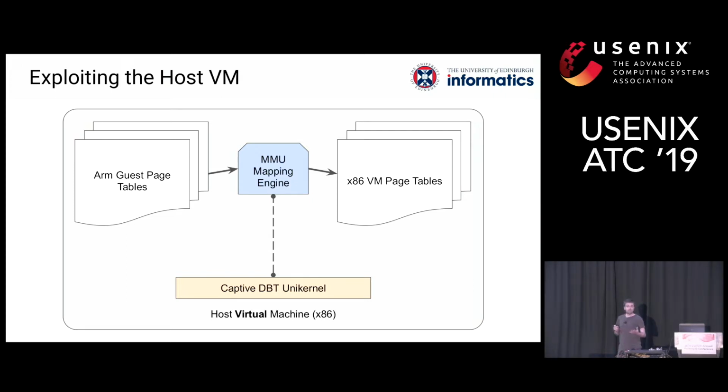So ARM guest page table entries are semantically quite similar to x86 page table entries. Well, if you're operating in an x86 bare metal environment, you have full control of the page tables. So what we actually do is we take ARM guest page table entries, turn them into corresponding x86 page table entries, and we can use that to accelerate memory accesses in the guest.